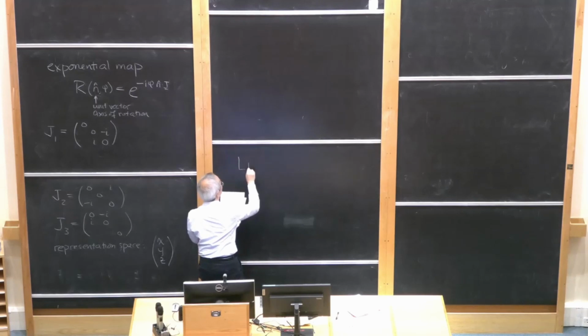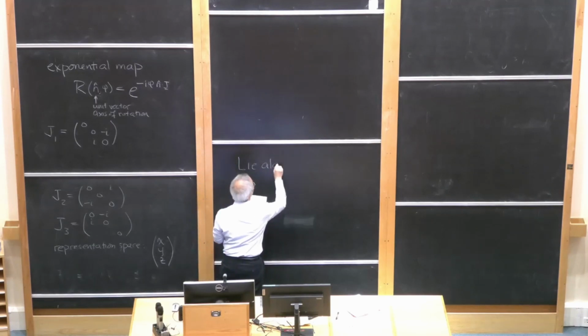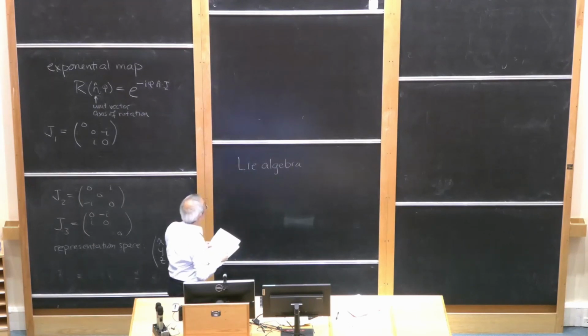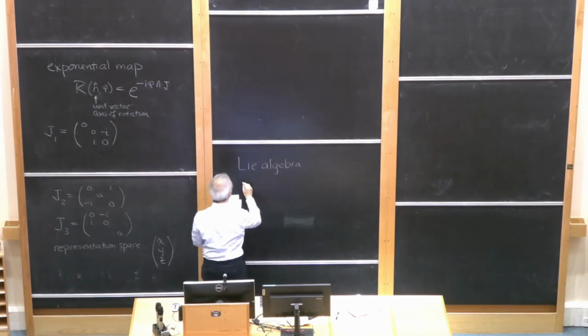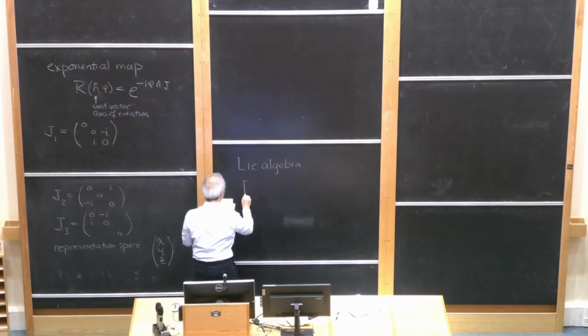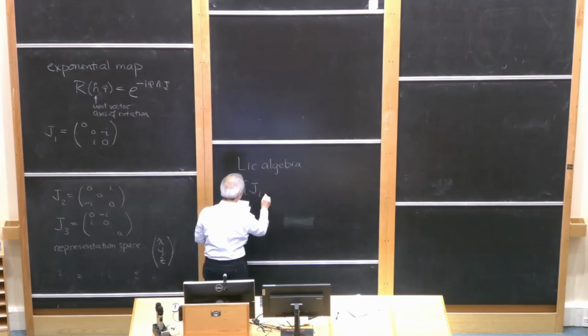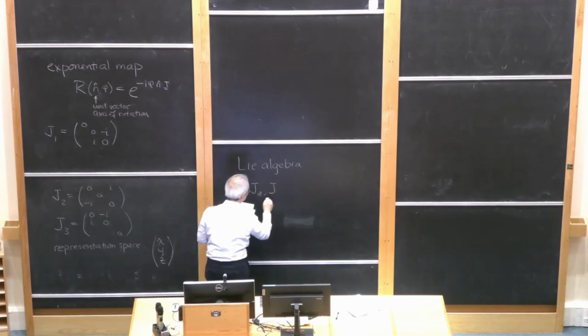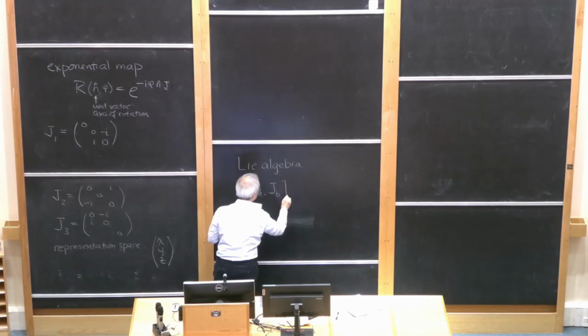So we'll actually talk about a Lie algebra. The Lie group, of course, is the group of elements. The Lie algebra is the relationship between the generators. So in this case, we have J. Actually, I shouldn't use i because I'm going to use that for something else pretty soon.